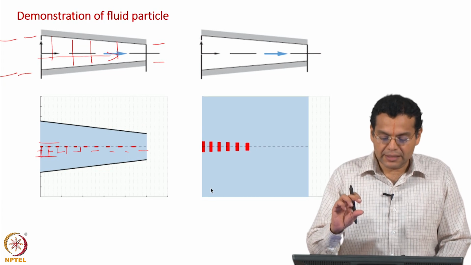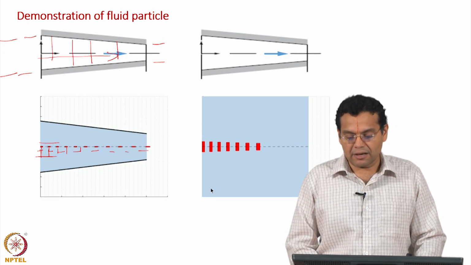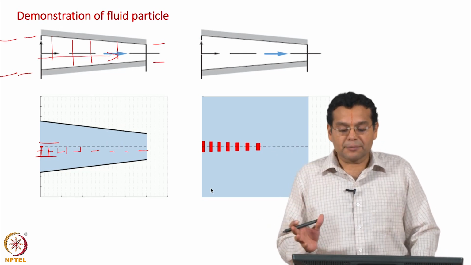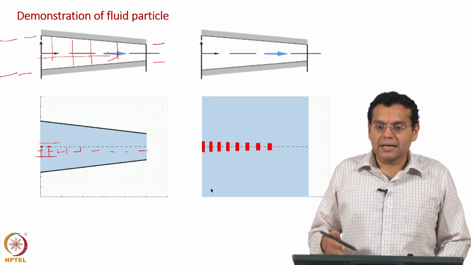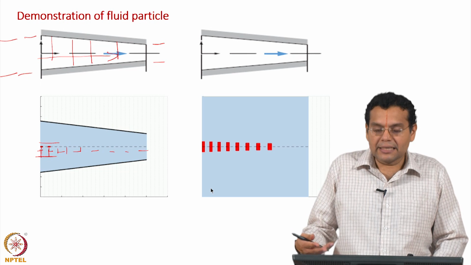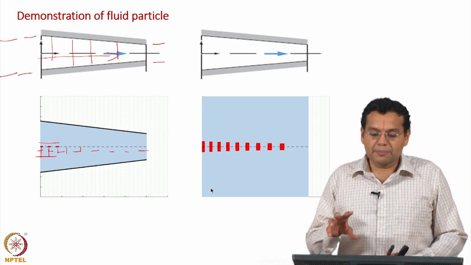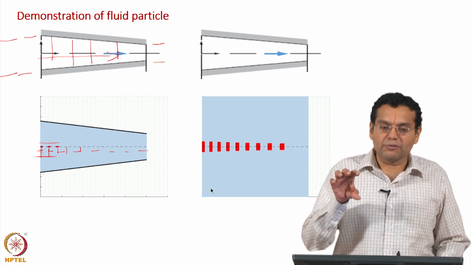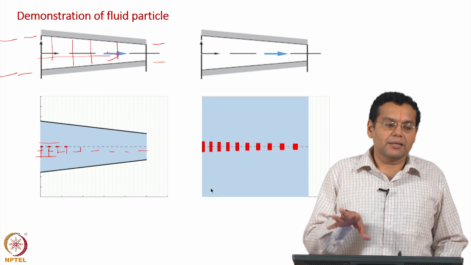The height of the fluid particle keeps decreasing as it travels along the length of the channel. The increase in length is because of the increase in velocity along the channel direction, and correspondingly there is a decrease in height. So, this is what we meant by saying that whatever happens to the flow also happens to the fluid particle.